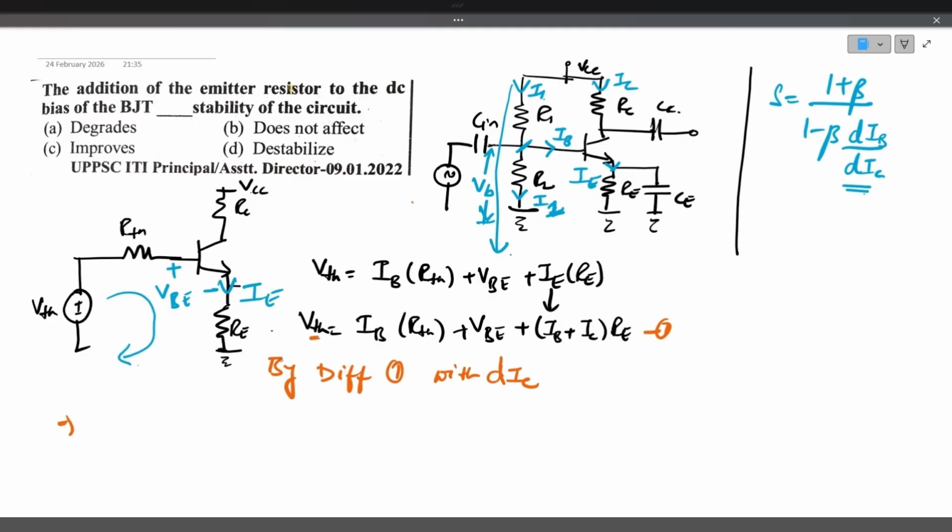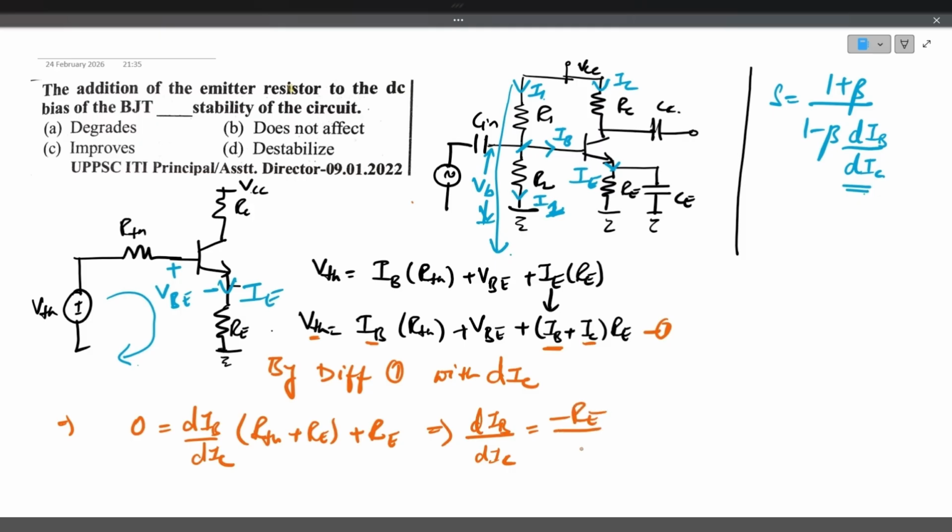The V Thevenin is constant, so it will be 0. Here IB turns into dIB by dIC, and here also there is a dIB, so I am writing these two parameters together. So R Thevenin plus RE plus here IC, that remains, the differentiation of IC by IC is 1, so RE. So we'll get dIB by dIC is equal to minus RE divided by R Thevenin plus RE.